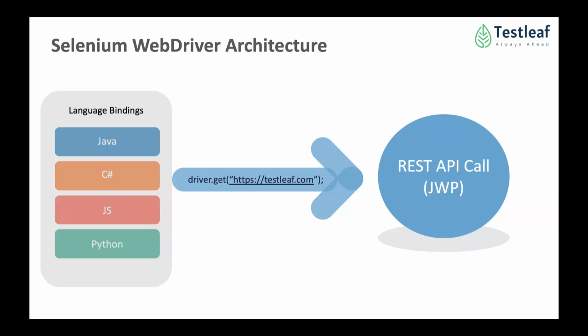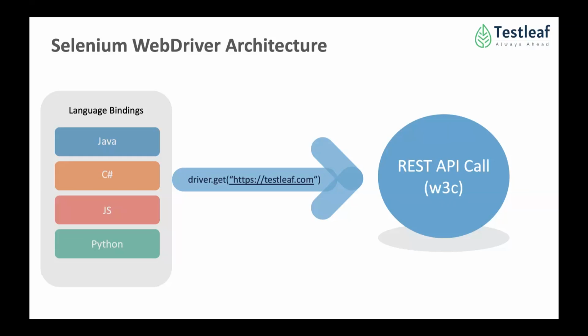So from JSON Wire Protocol, it changed to what? Exactly. It becomes W3C. W3C is again a RESTful call, right? But the standards are managed by W3C. W3C is the standard for how it should be written if you want to follow a Selenium WebDriver API call. That's all it is. Again, it is going to be get, post, and delete. Only those 3 they have: get, post, and delete is the API call.